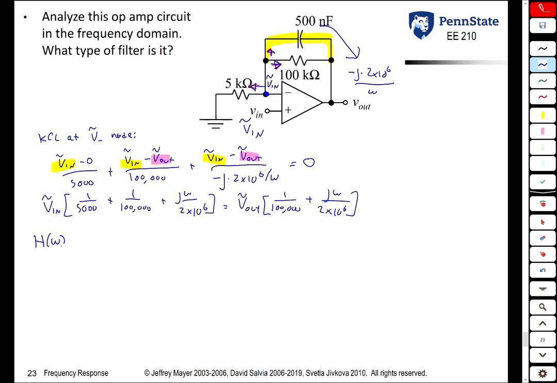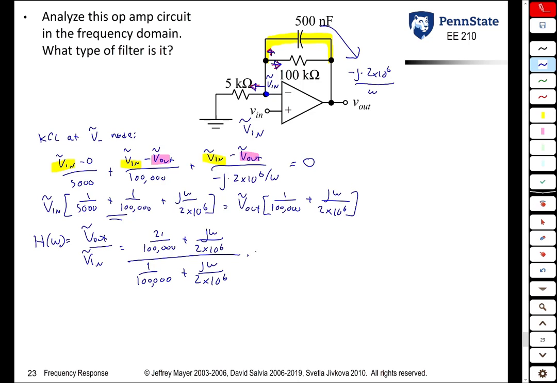The transfer function H of omega, by definition, is the output phasor over the input phasor. So it's going to equal what? It's going to equal these two together, which is 21 over 100,000 plus j omega over 2 times 10 to the 6th, all over 1 over 100,000 plus j omega over 2 times 10 to the 6th.